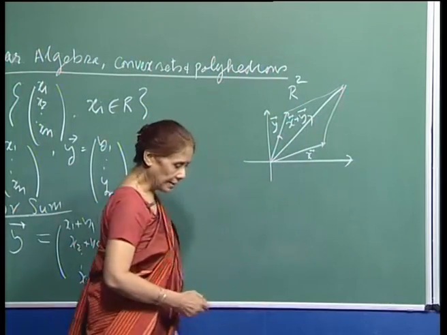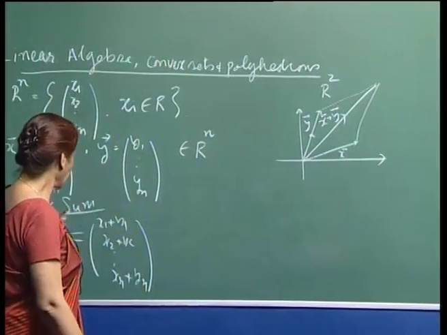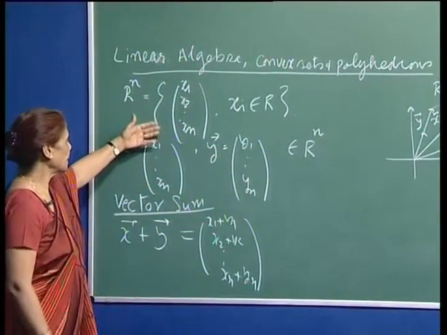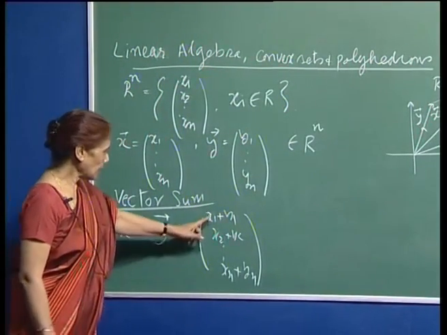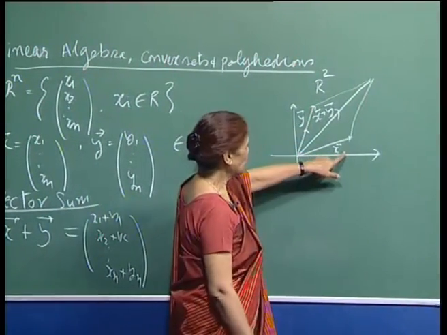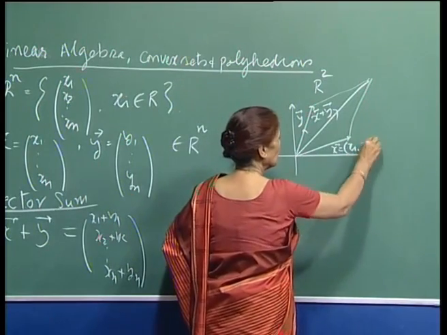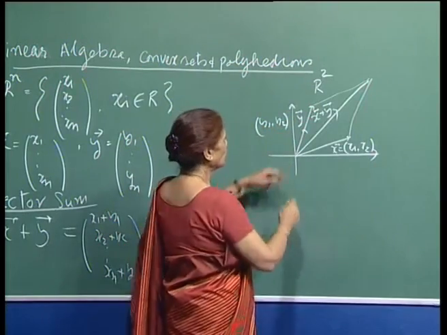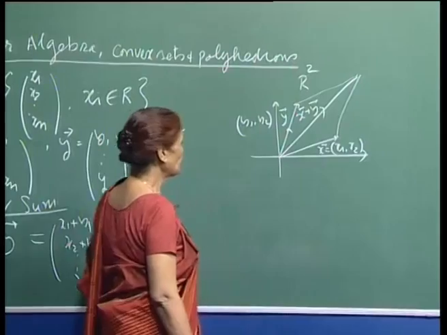If I extend this notion to an arbitrary n tuple, I just add them up component wise. Here also, if x is written as x1, x2 and y is written as y1, y2, then the vector x plus y has components x1 plus y1, x2 plus y2.